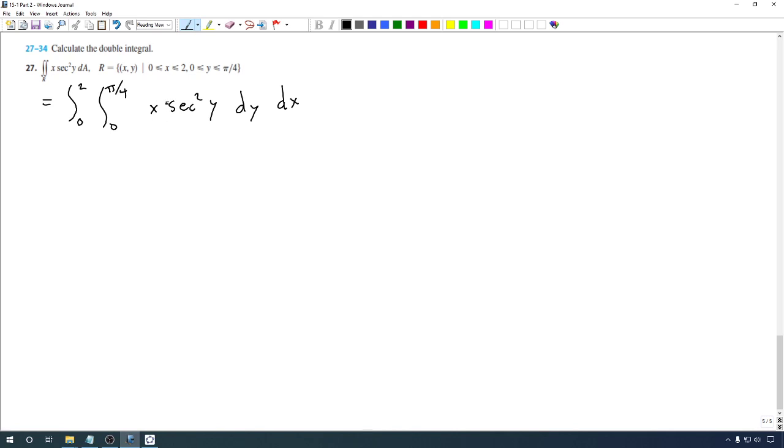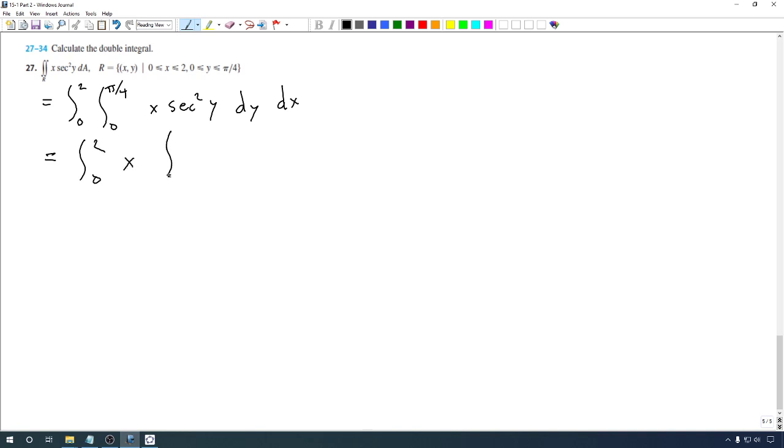In that case, x is a constant. And when we're doing integration, or even differentiation, constants can just be pulled out. We're not going to be doing anything there. You're just basically going to take the integral of secant squared of y, and then multiply the result of that by x. Why don't I just pull that x out?